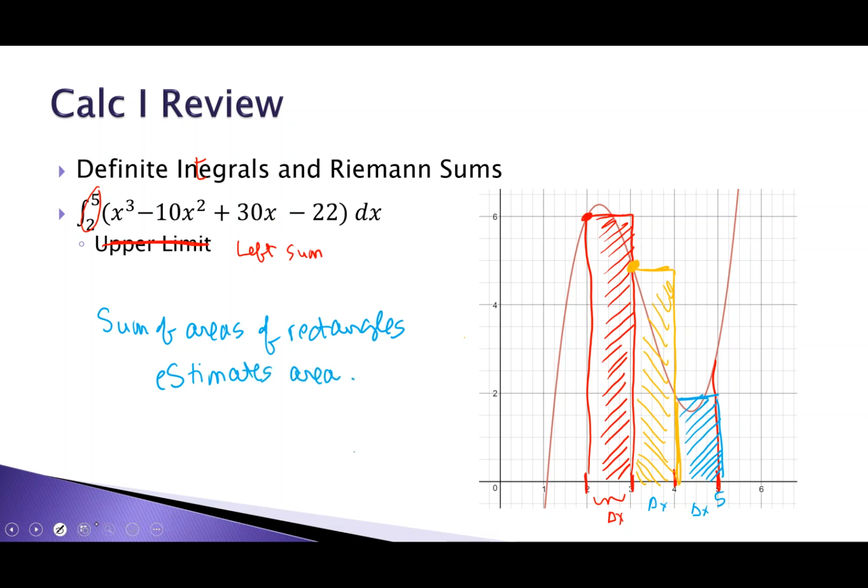So we can see in this case it's not a very good estimate, so how do I get a better estimate? I get a better estimate by making narrower rectangles.